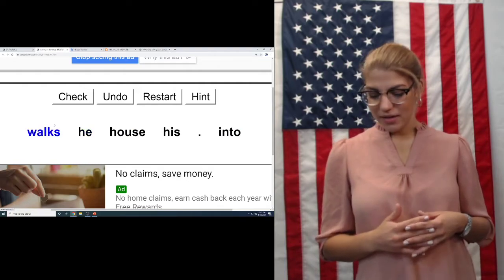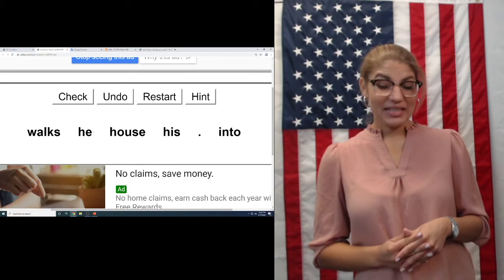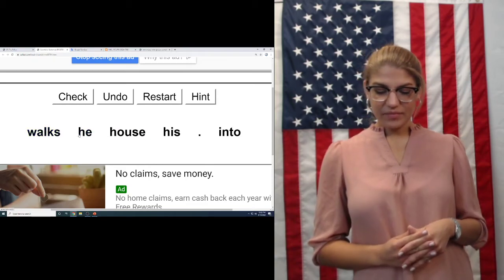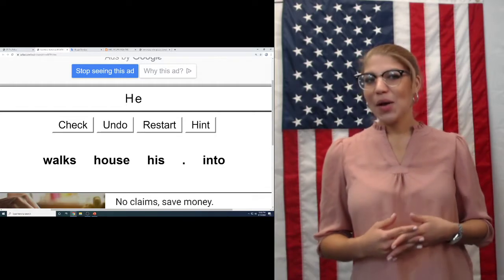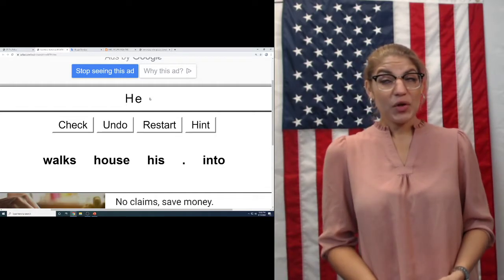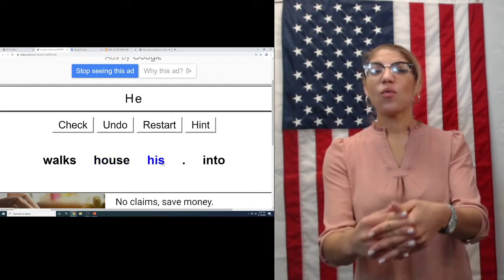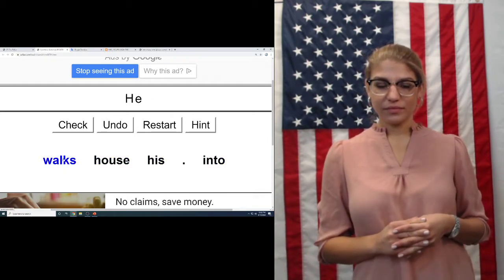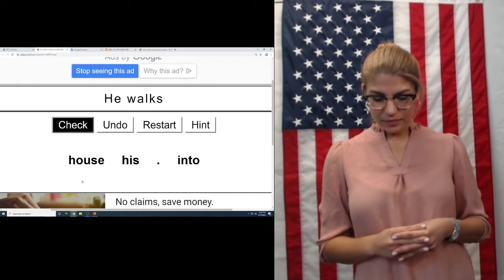Our subject, the one who is completing the activity, is he. And what is he doing? What is the verb? He walks.